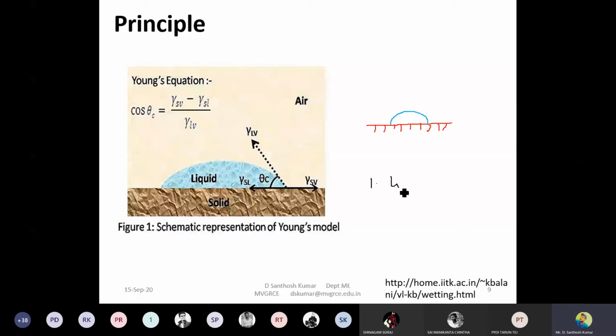The liquid simply spreads over the surface. It is very difficult to write with the mouse, so please try to understand that. There are two cases. One is that the liquid simply spreads out on the surface.